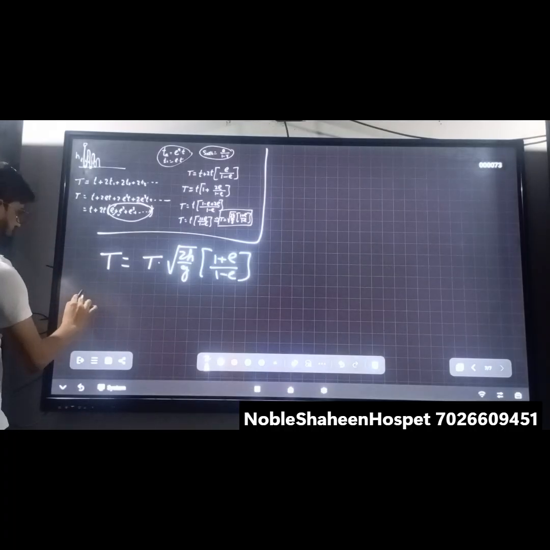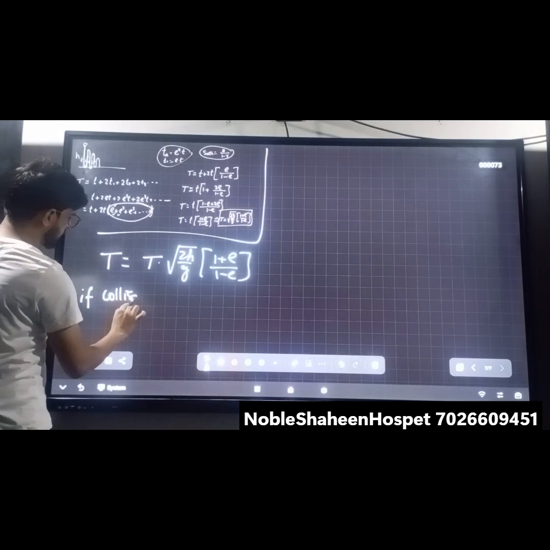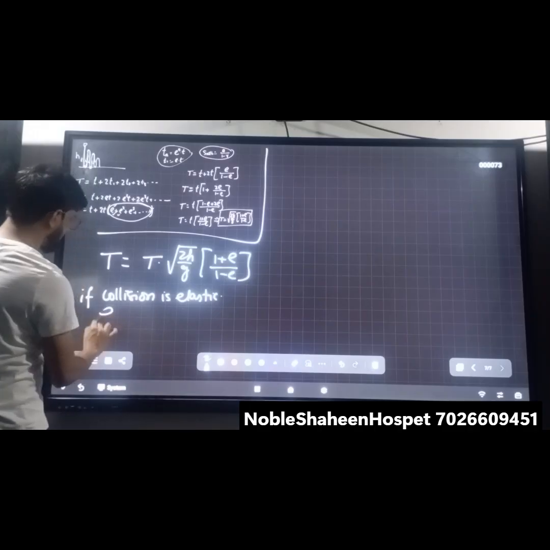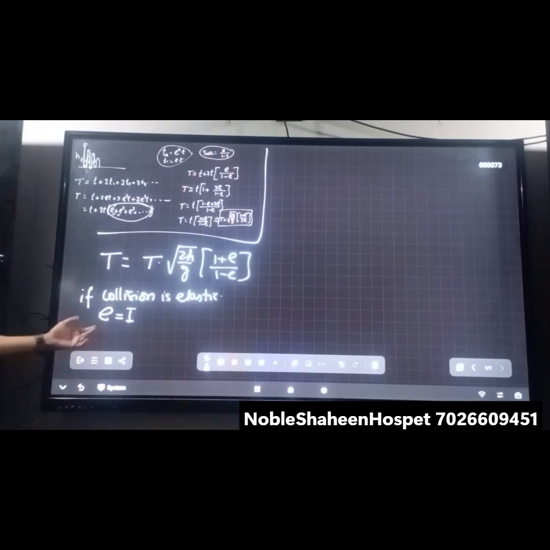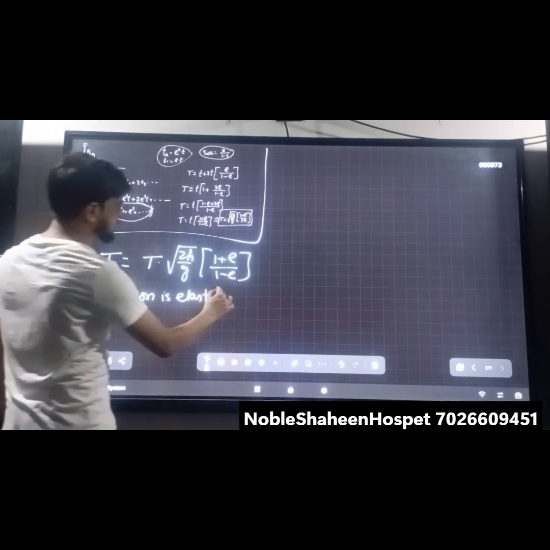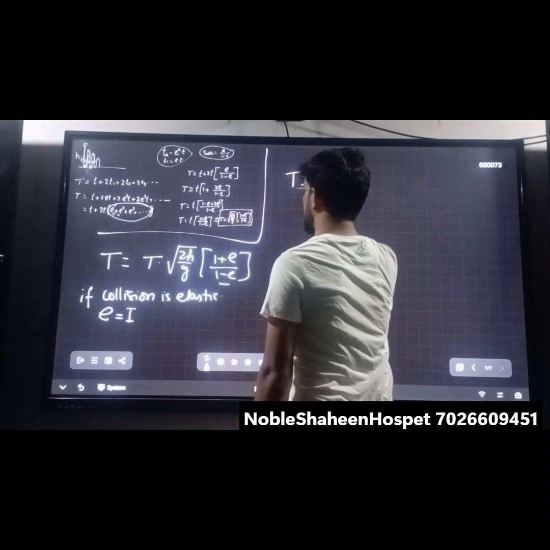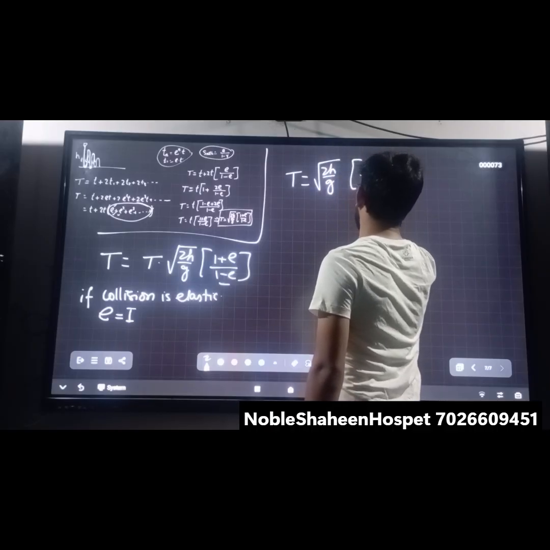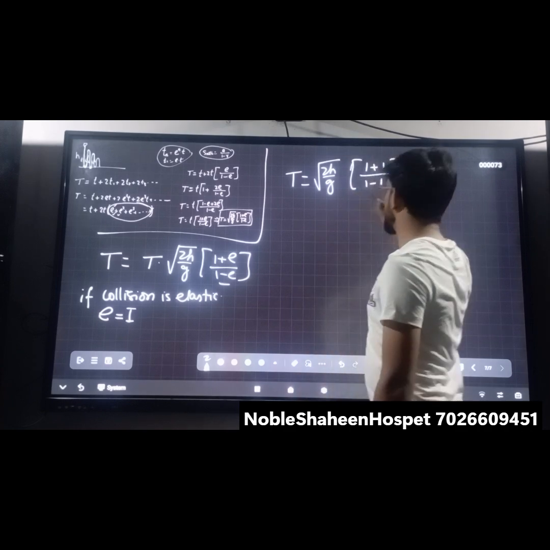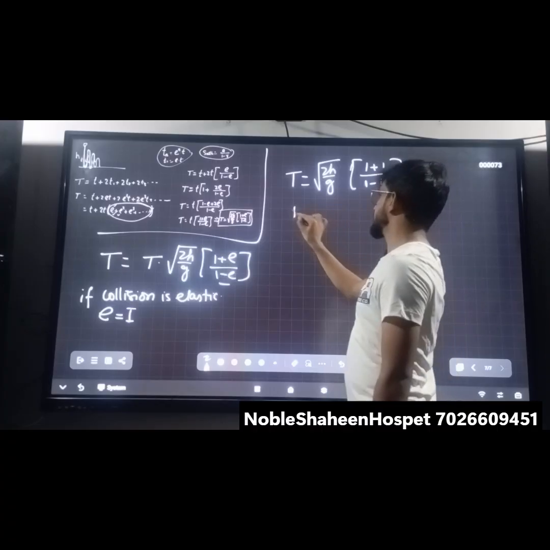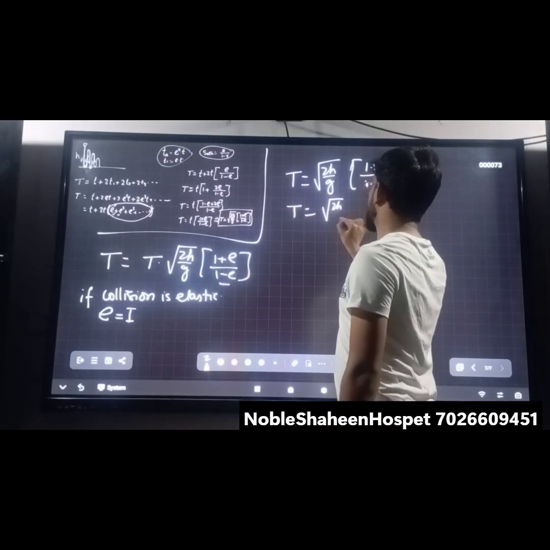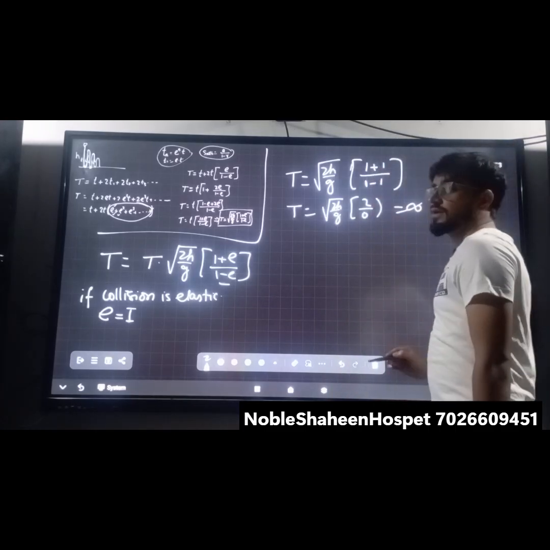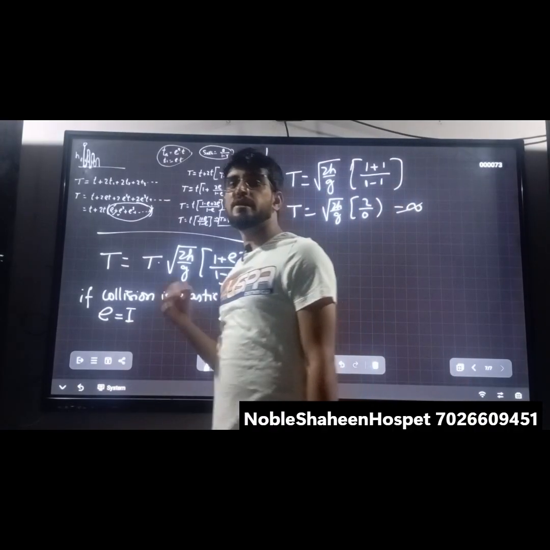If the collision is elastic, we can say small e is equal to 1, the coefficient of restitution will be 1, and then total time T will be equal to under root of 2h by g into (1 plus 1) upon (1 minus 1), and this whole term will be infinity because 1 minus 1 is 0, so T will be under root of 2h by g into 2 by 0, and 2 by 0 means infinity. That means if the collision is elastic, the body will never stop.